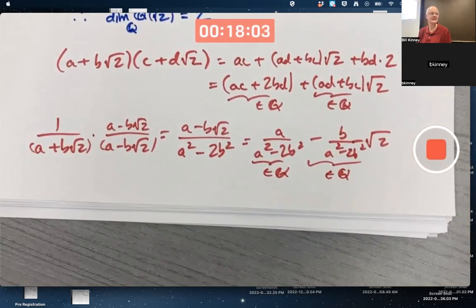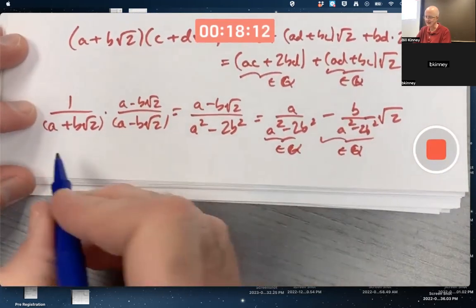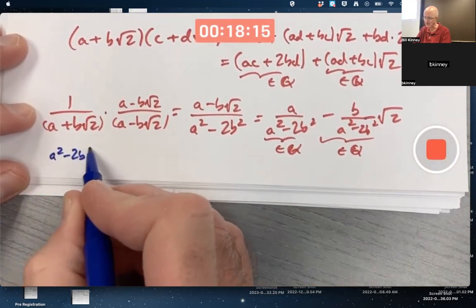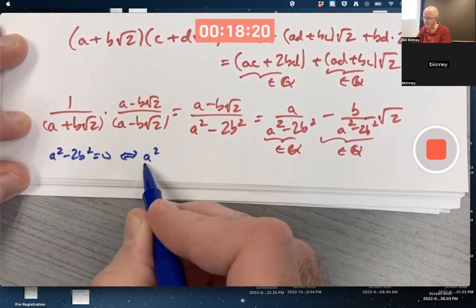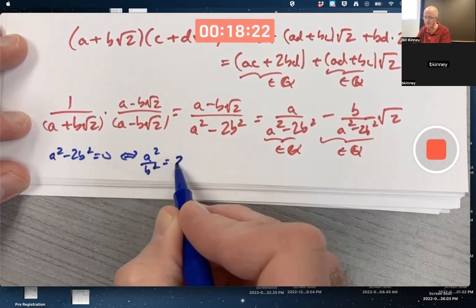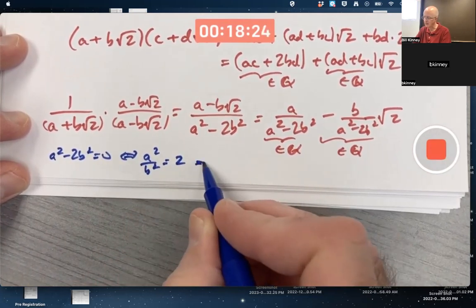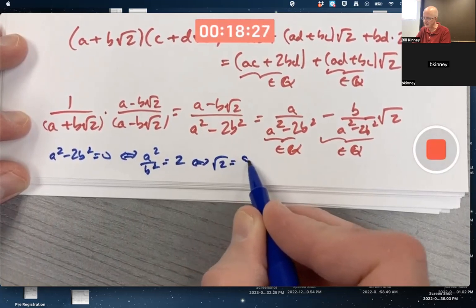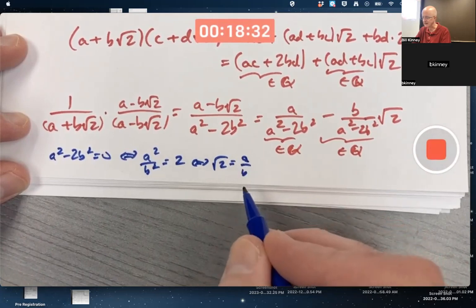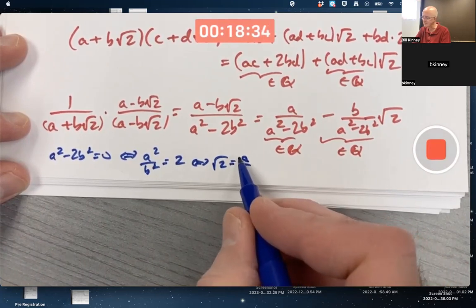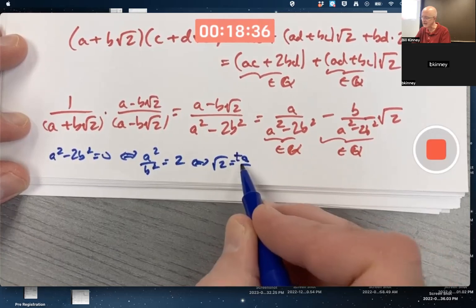Could we possibly be dividing by 0 here? Could a squared minus 2b squared possibly be 0? No, because it would end up implying square root of 2 is rational if it were. If a squared minus 2b squared were 0, that would be equivalent to a squared over b squared equaling 2, which would be equivalent to square root of 2 equaling plus or minus a over b, depending on the sign of a and b.